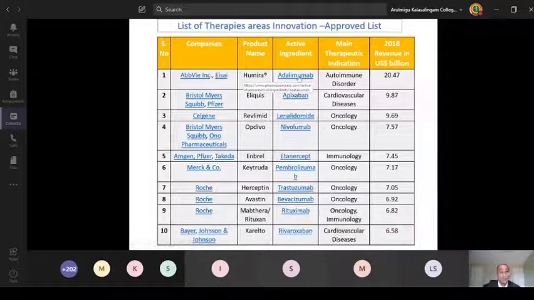The main use of Humira is for autoimmune disorders, that is, in the treatment of Crohn's disease, ulcerative colitis, spondylitis, psoriatic arthritis, and juvenile idiopathic diseases. Worldwide, they have 1.1 million patients currently.